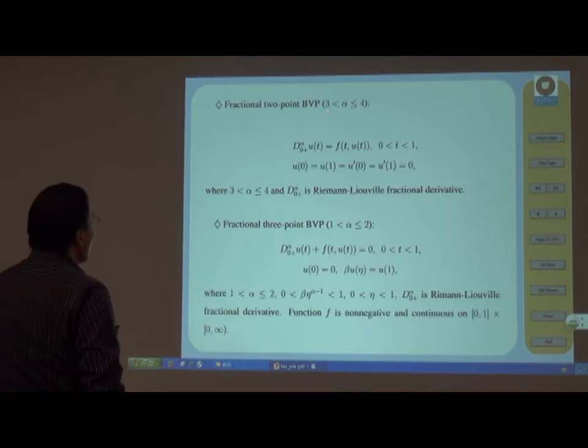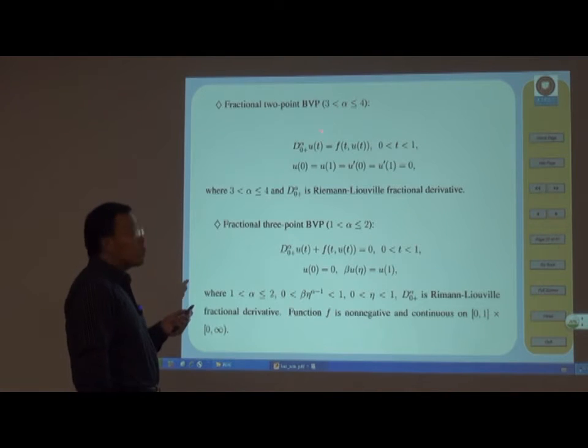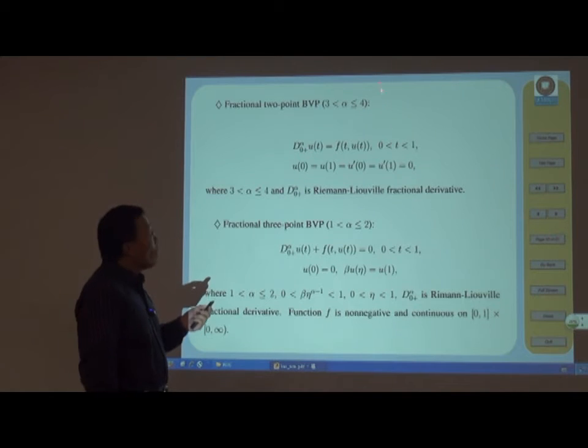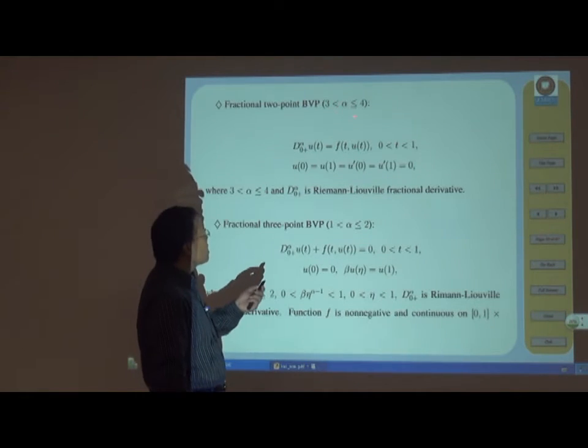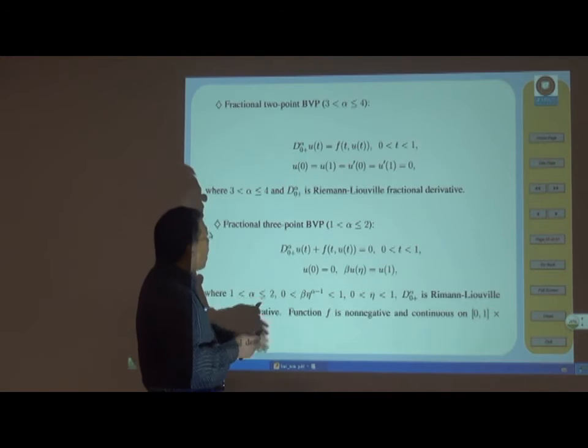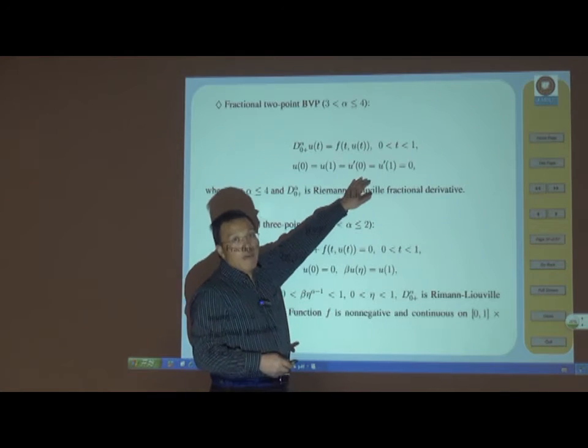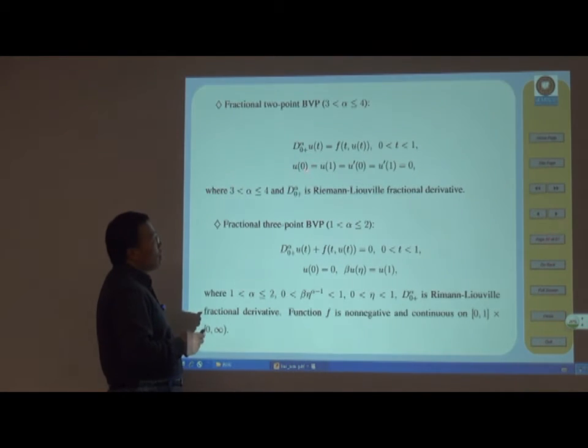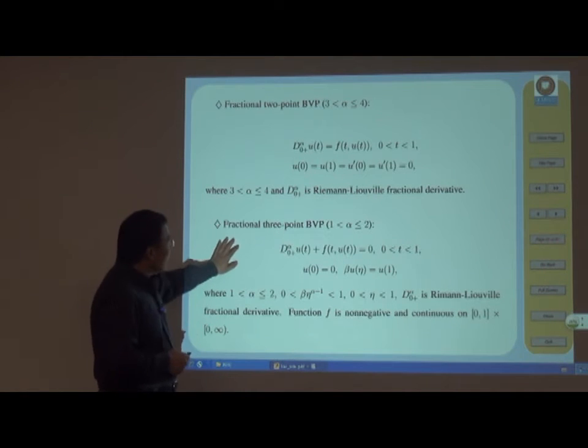And for alpha between 3 and 4, we consider this function. Because alpha is in this interval, four boundary conditions are needed. And this is the so-called three-point boundary value problem.